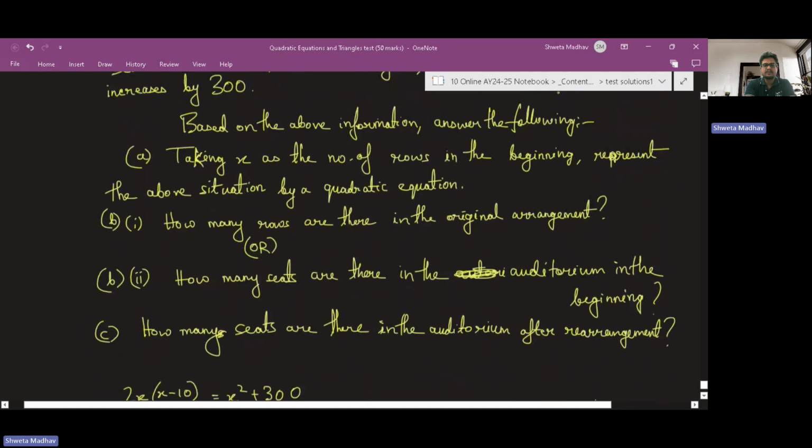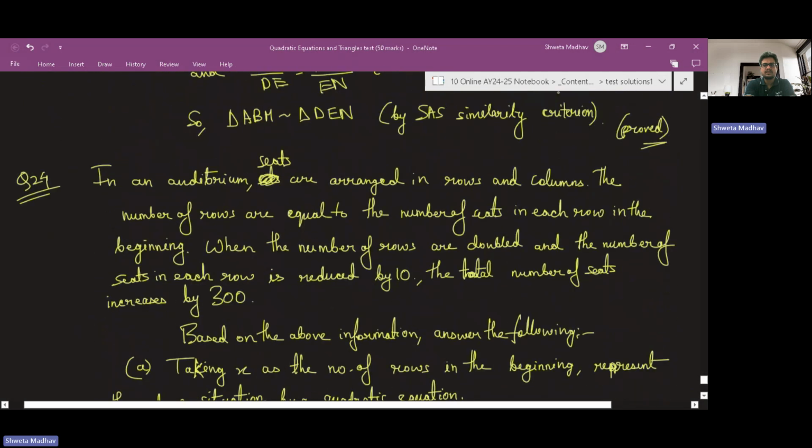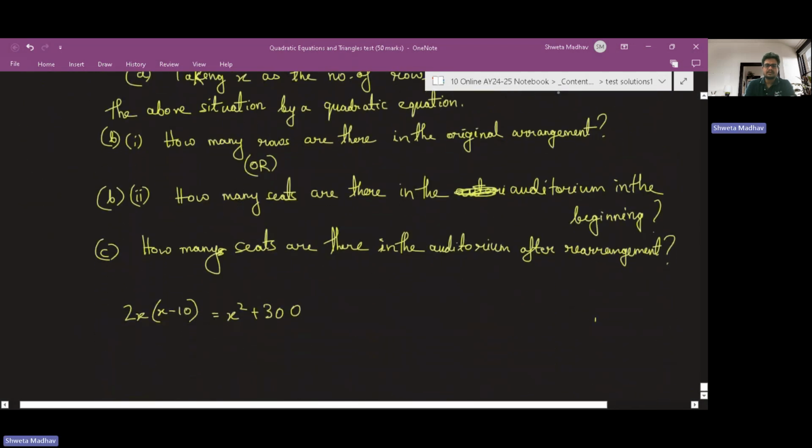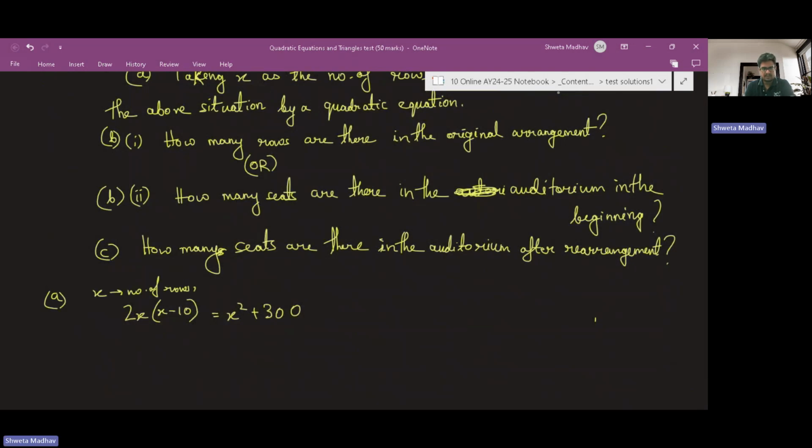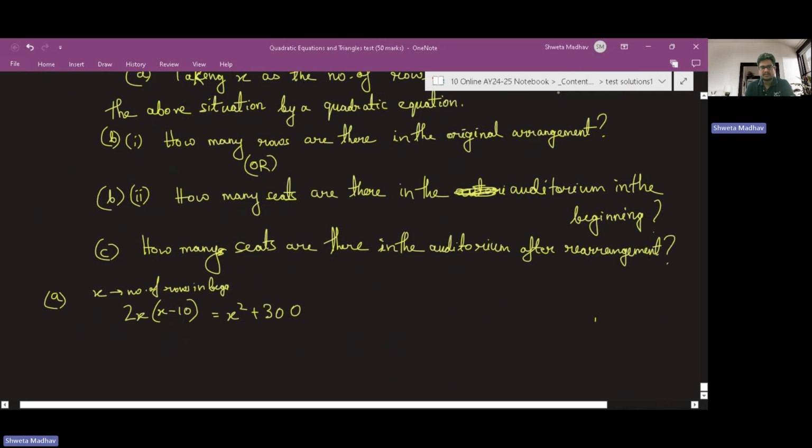So x squared was the total number of seats. Since here we have considered x as the number of rows in the beginning, it means there were x seats in each row also. So 2x squared minus 20x equals x squared plus 300.